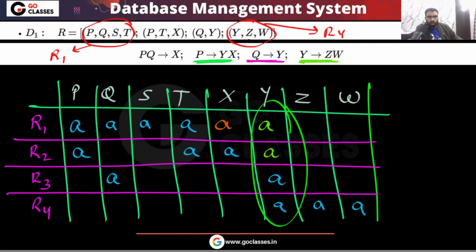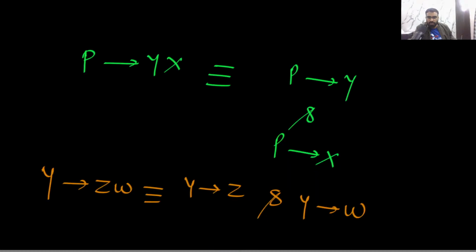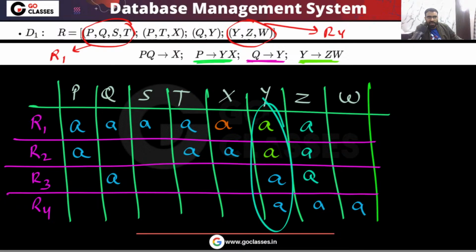Here you can see all the tuples have the same Y value, so all the tuples must have the same Z value. Here the Z value is A. Similarly, Y determines W. If two tuples have the same Y value, they must have the same W value. All the tuples have the same Y value, so all the tuples will have the same W value. So here also I will put A. Very simple.